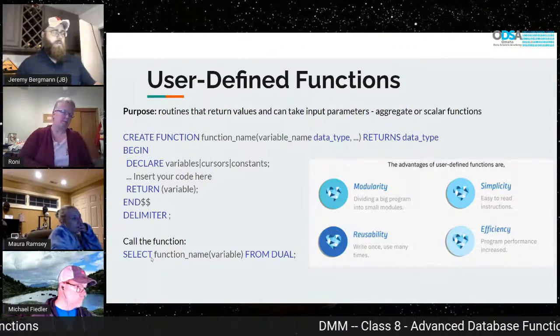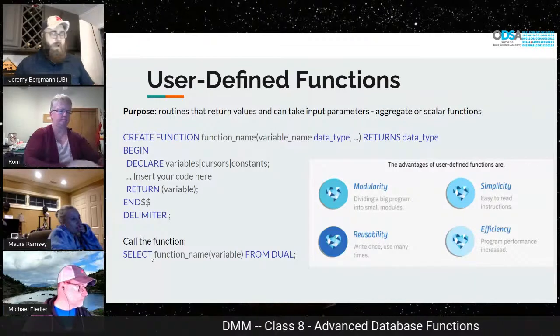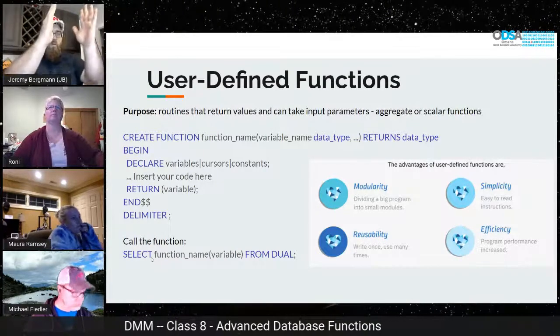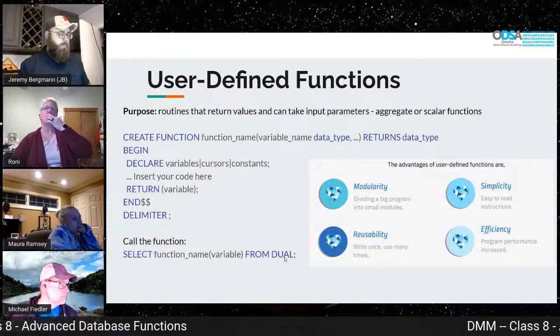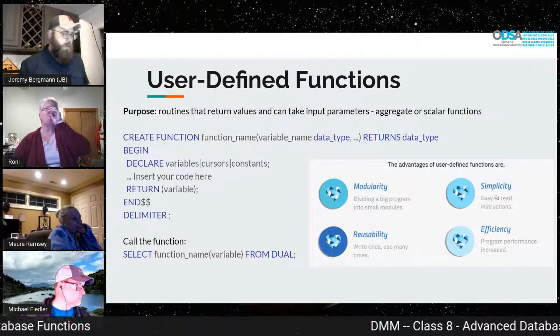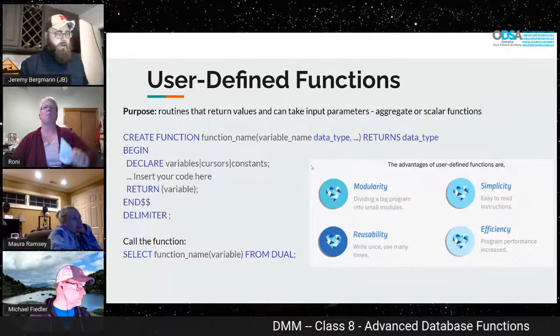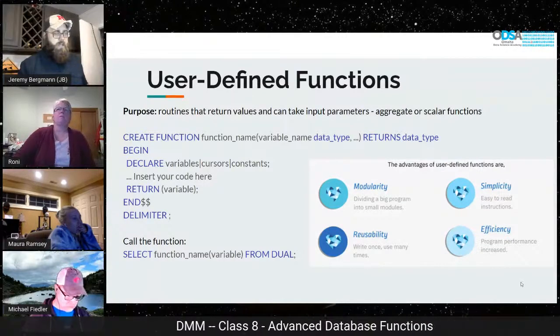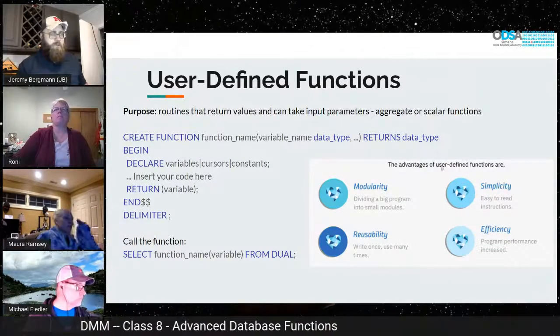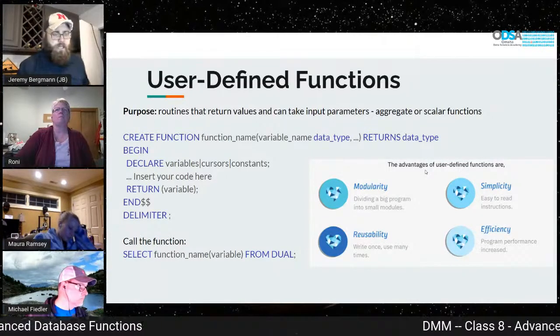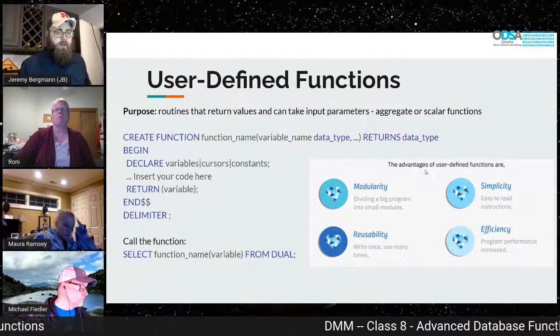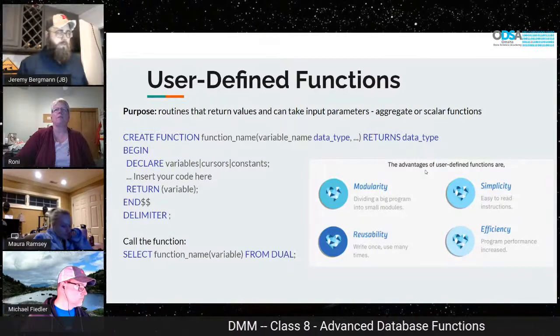When you do a select statement on a column, it's going to return that whole column and all of the values underneath from some table. So I put this graphic here. These are the advantages of user-defined functions in an object-oriented programming language, but I think it also applies to SQL and being able to create your own functions.